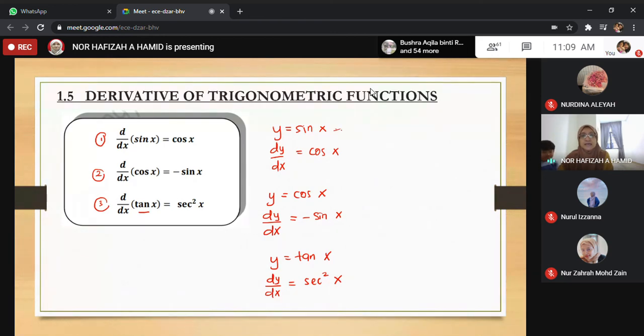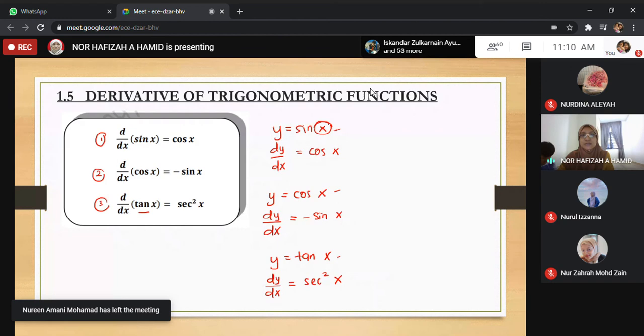Differentiate sine, differentiate cos, and differentiate tangent. Okay, next we extend for angle. For the first formula, the angle is x. The same goes for cos, angle for x, and the tangent.